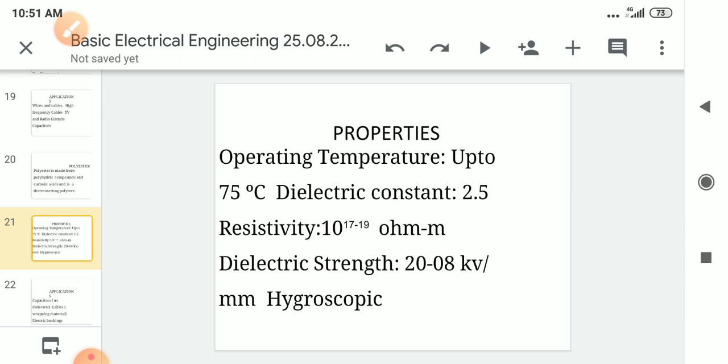Some clothes are also polyester, no? Dielectric constant is 2.5 and resistivity is 10 to the power of 17 to 10 to the power of 19 ohm meter, and dielectric strength is 20 to 80 kV per mm, and it is hygroscopic.